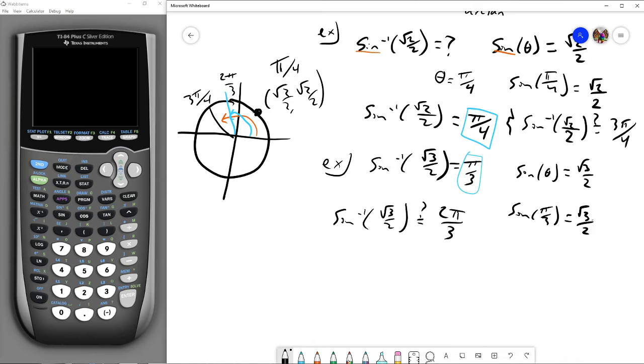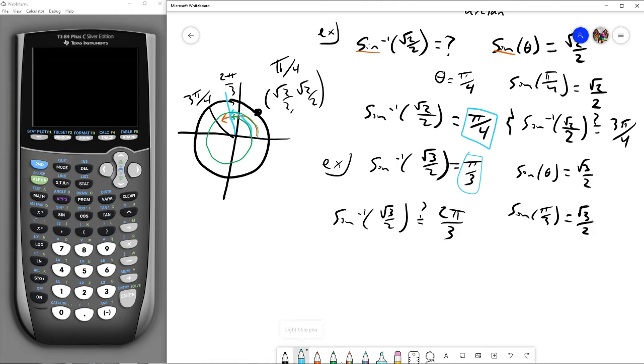And in fact, if we think about it, we have all these coterminal angles, because I can go around that angle plus 2 pi, and I can go multiples of 2 pi around the unit circle.